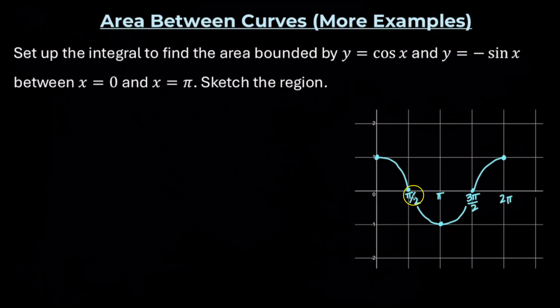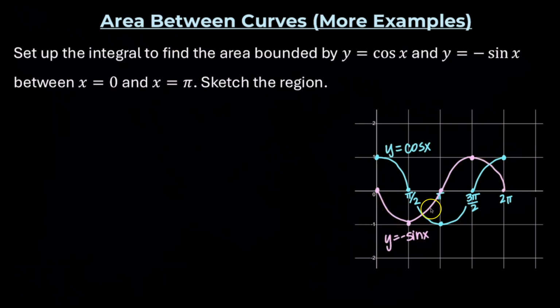Here's our graph, and notice that our tick marks are the quadrantal angles pi over 2, pi, 3 pi over 2, 2 pi. And then y equals negative sine x. Sine x starts at the origin and normally starts going up, or is an increasing function, but the negative is going to be a reflection over the x-axis, so it's going to start heading down.